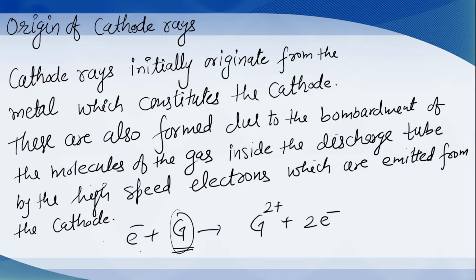Cathode rays are emitted from the cathode material as well as formed in the region between anode and cathode. Okay, that is the origin. Now come to the properties of cathode rays.